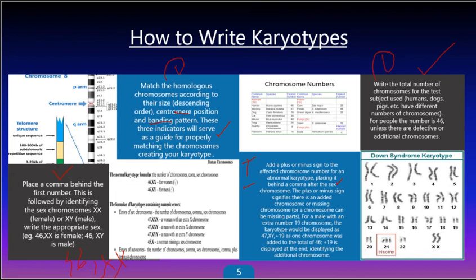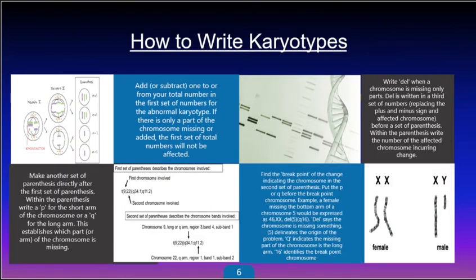For example, Down syndrome has an extra copy of chromosome 21, which means trisomy. For a male with an extra chromosome 19, the karyotype would be displayed as 47,XY,+19. 47 means the total with the extra chromosome, XY means it is a male, and +19 means there is an extra, additional chromosome 19.